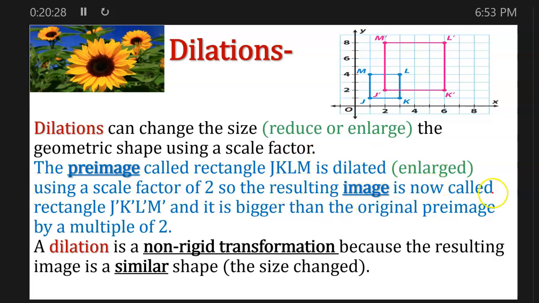So the resulting image is now called rectangle J prime, K prime, L prime, and M prime. And it is bigger than the original pre-image by a multiple of 2. A dilation is a non-rigid transformation because the resulting image is a similar shape, not a congruent one, and the size did change.